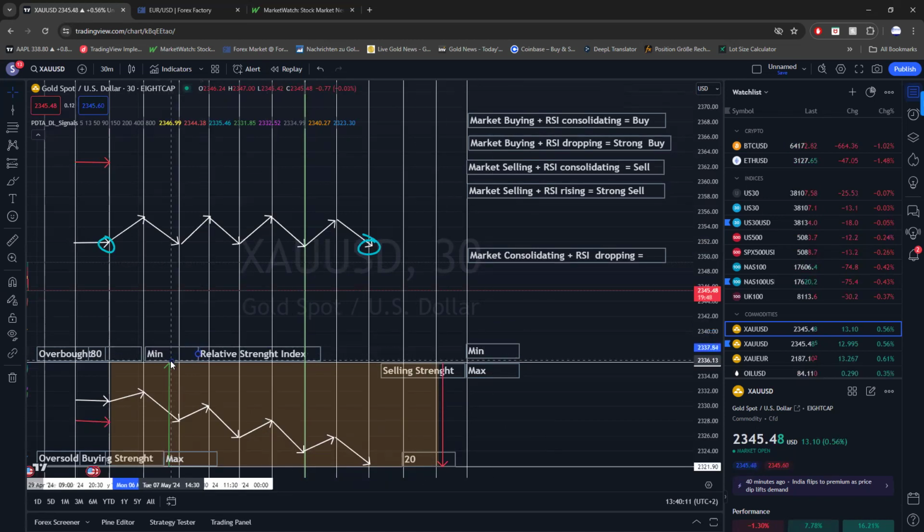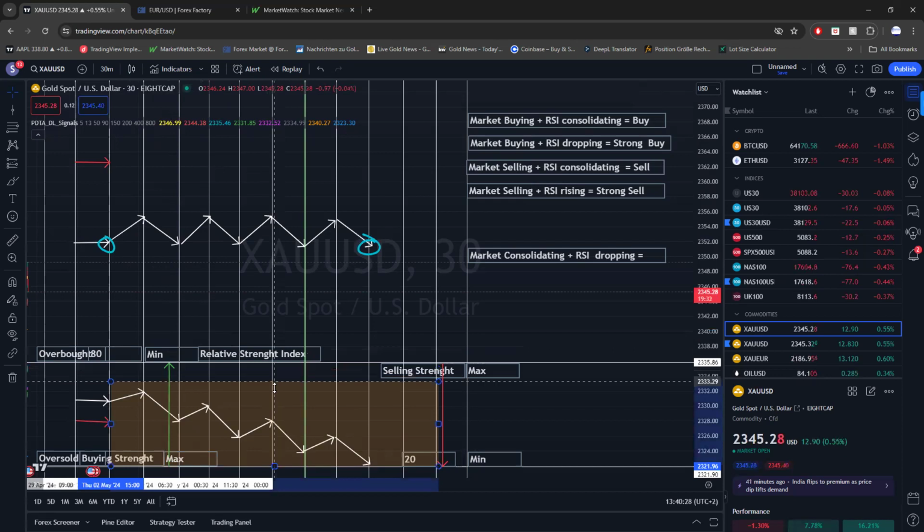Buying strength minimum is up here, selling strength minimum is down there. So if we are looking at the sell, this is the maximum up here, this is the min. So we are looking at it like this. We are going from maximum to min. So here, this is the selling strength.